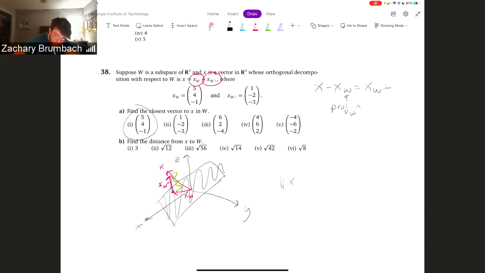So what is the magnitude of xw orthogonal? Which is the square root of 1 squared plus -2 squared plus -3 squared. A thing to note, never more than square. Never, never, never. Regardless of how many entries it has, it is always the square root, and each entry is always squared. Okay?